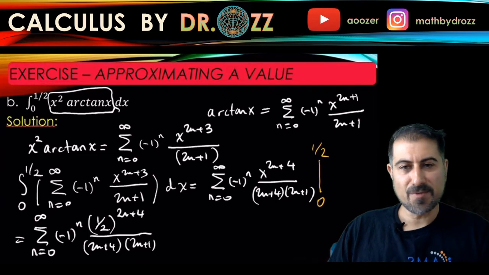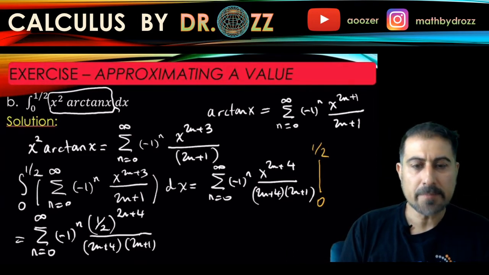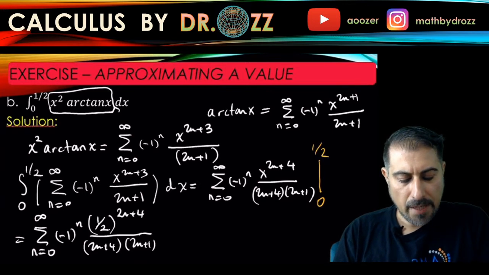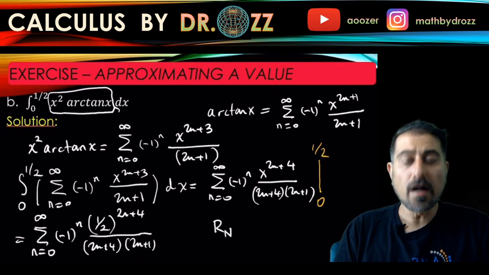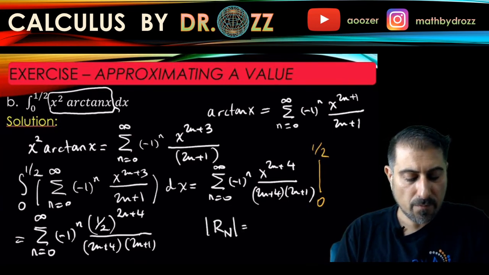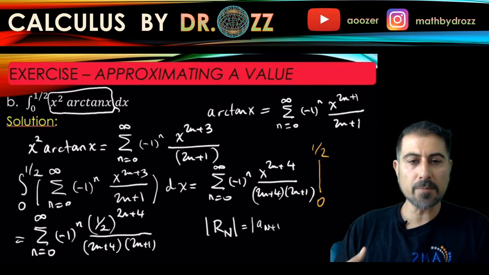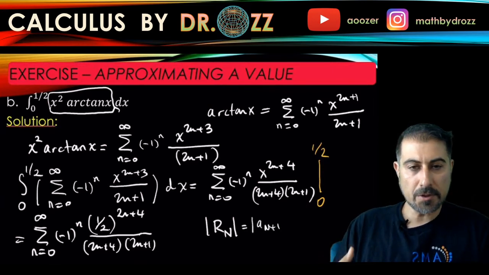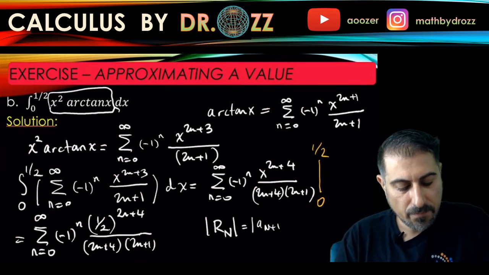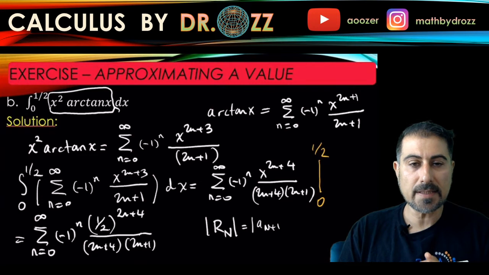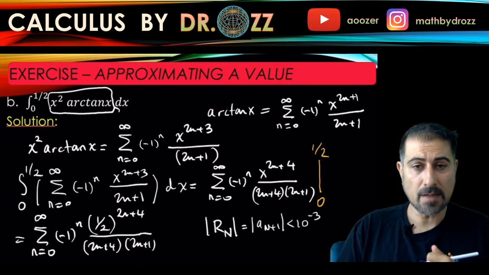And here we got another alternating series, and you can use the alternating series remainder theorem. So Rn, the amount of error, is approximated by a(n+1). Let's say I cut the sum at the second term, so then R2 is going to be estimated by a3, and I want this to be less than 10 to the minus 3.